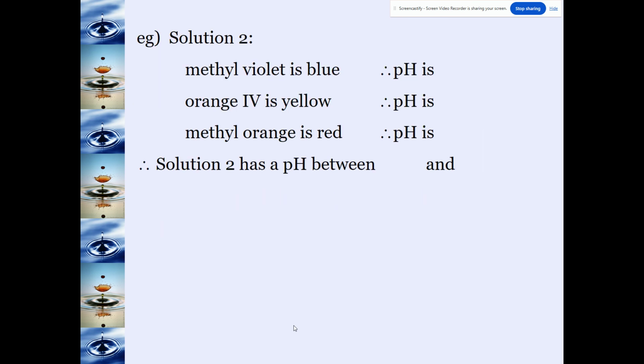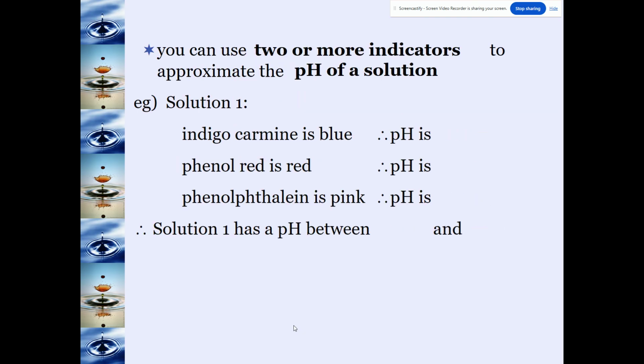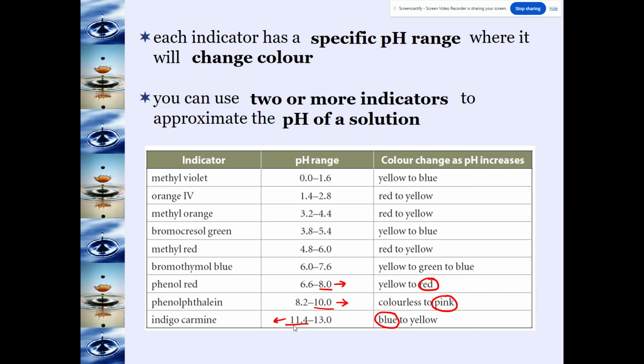Methyl violet is blue, orange 4 is yellow, methyl orange is red. I'm not going to remember that. Methyl violet is blue. Did it say orange 4 was yellow and methyl orange was red? I think that's what it said.